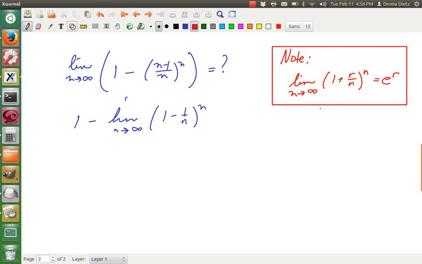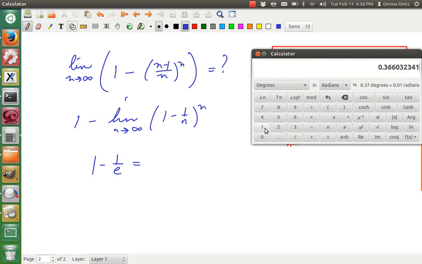So since this is true, then I could let r be -1, which is what I have, which is 1 over e. And it does indeed come out to be 1 minus 1 over e.